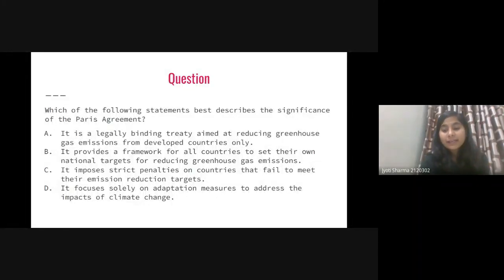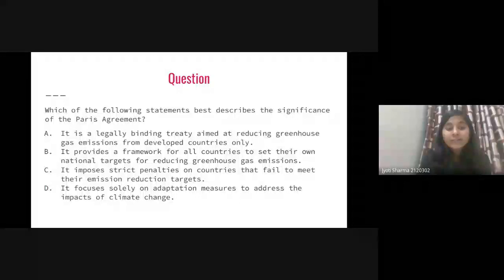So that's why the Paris Agreement came into force. So what was the significance of this Paris Agreement? It was not just for the developed countries. It was for all the countries. And this Paris Agreement gave the direction that all the countries must have some targets of emission reduction.